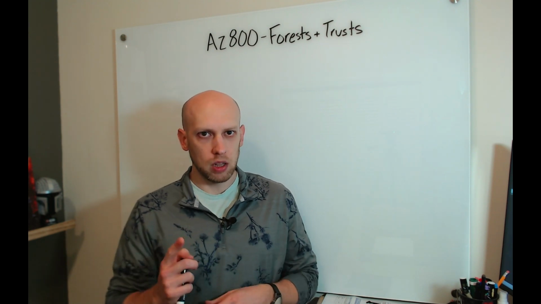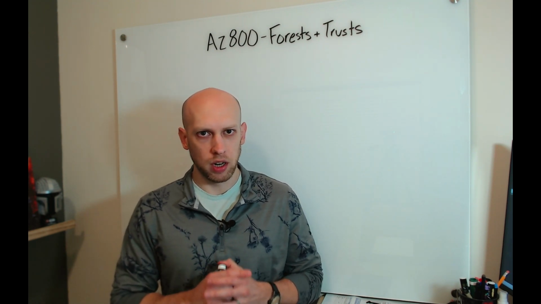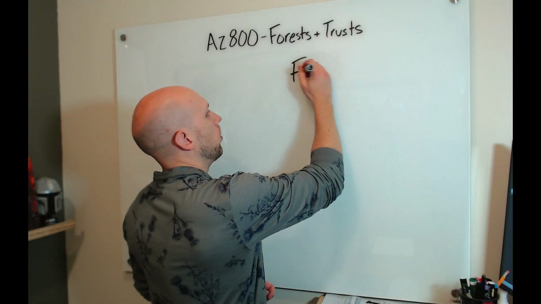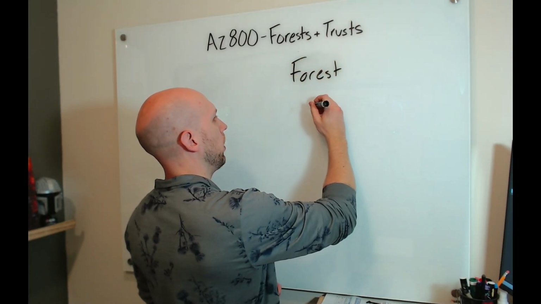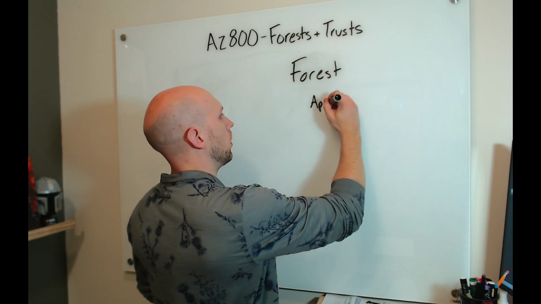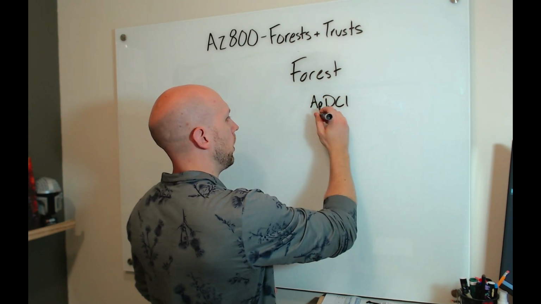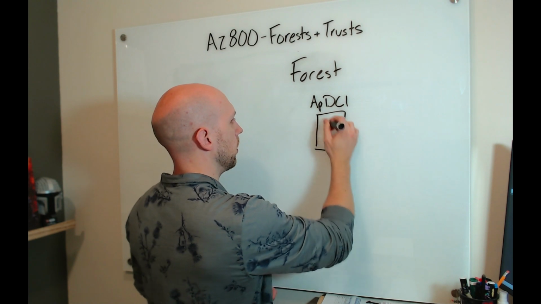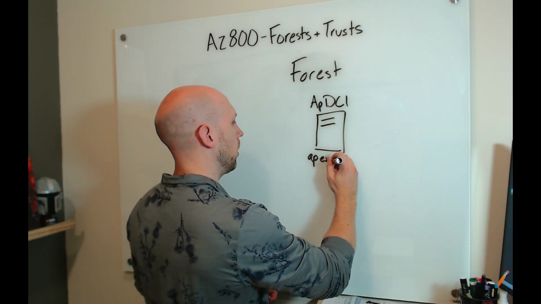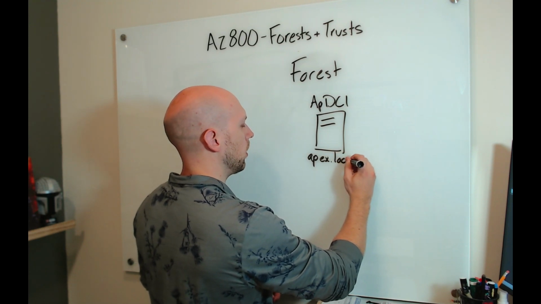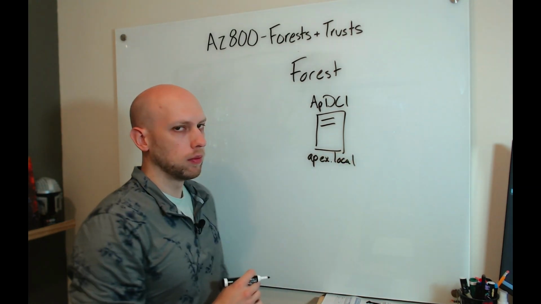So let's go over a forest setup first. A forest always starts with what we'll call a parent domain. Now, for our lab today, we're going to start with our parent domain controller, which is running a domain we're calling apex.local.